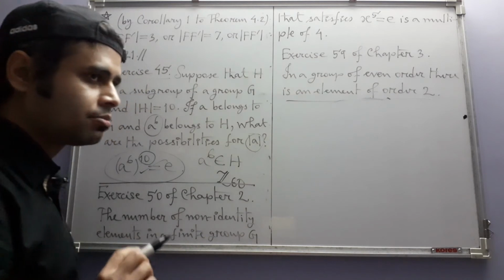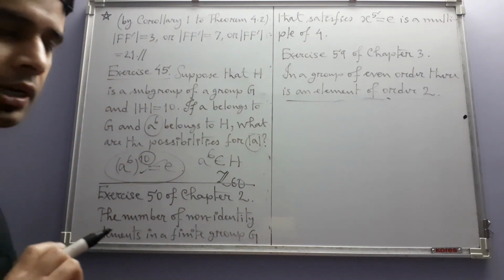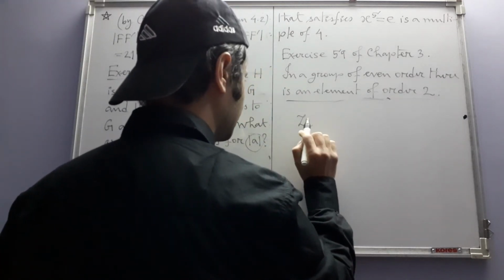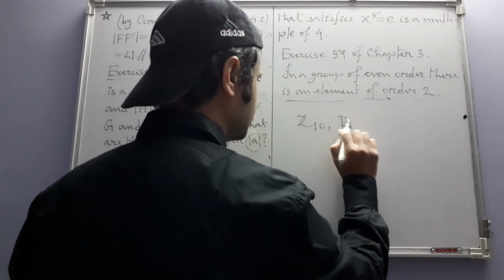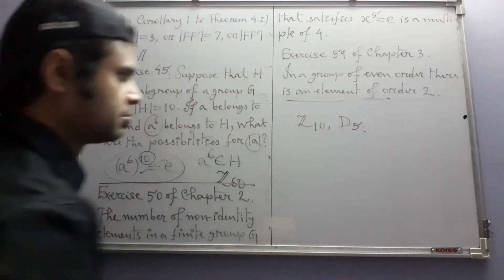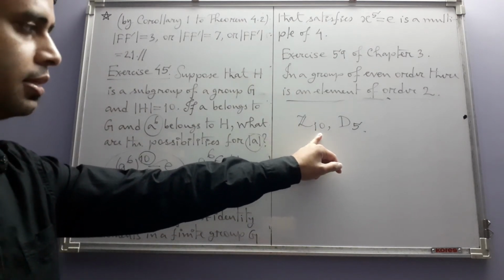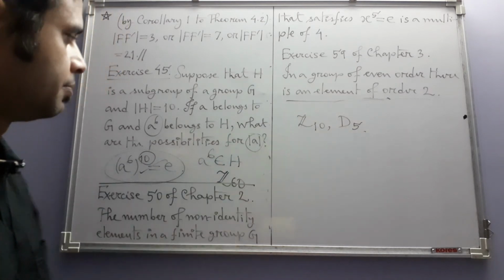groups up to isomorphism, there are only two groups of order 10. Only two isomorphism classes. One of them has this group and the other has this group. One is our familiar Z10 and the other is the dihedral group D5.